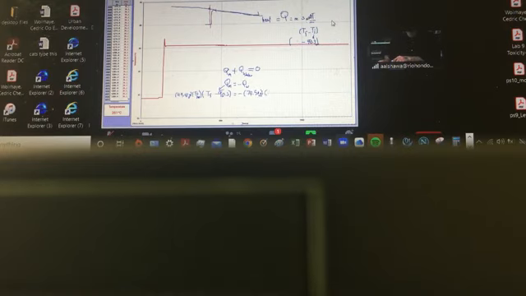Times the specific heat for the water. What do you think? What's that number? What's the specific heat value for the water? 4.184 joules. Very good.